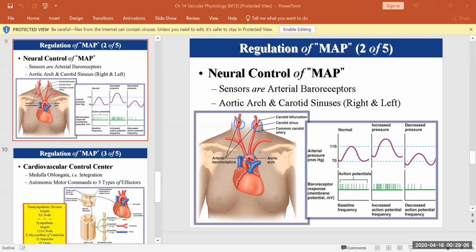And interestingly, if you puncture that aortic arch, the pressure inside that blood vessel is so strong that it will eject the blood 6 feet above your head, right? That's to give you an idea about the pressure inside that blood vessel.